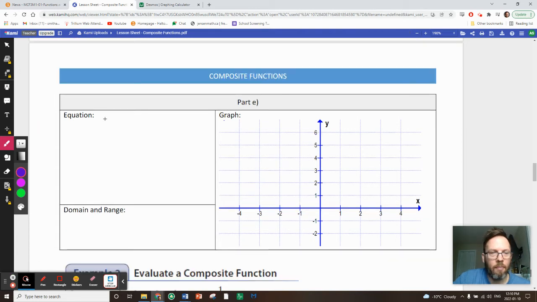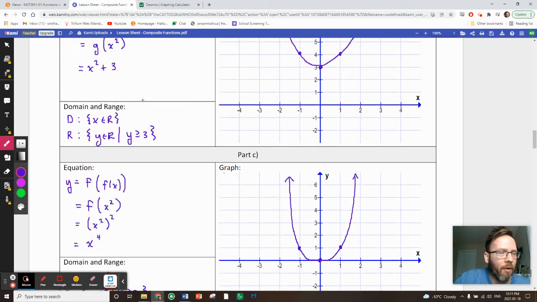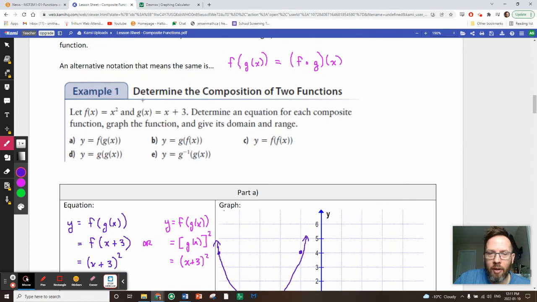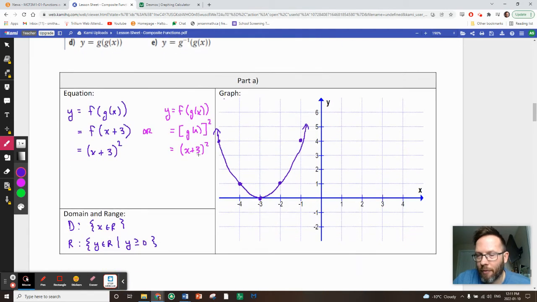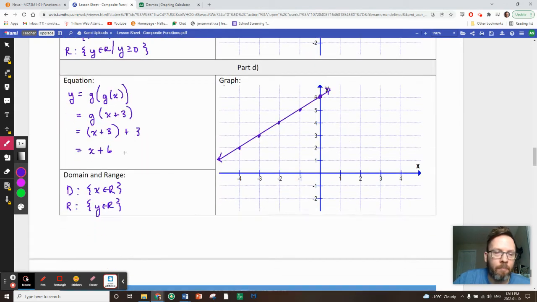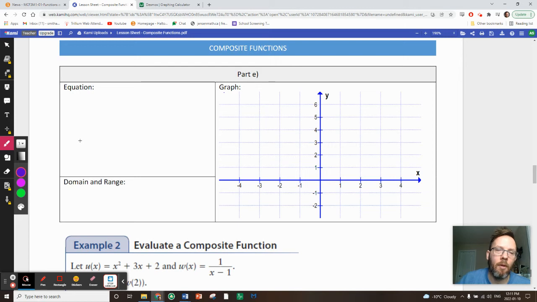All right, let's continue. So for part E, if I just flip back, we are doing the composite function, the inverse of g composed with g. So for this question, we've got to find the inverse of g first. So I'll just make a little note here. First, we've got to find what the inverse of g is.